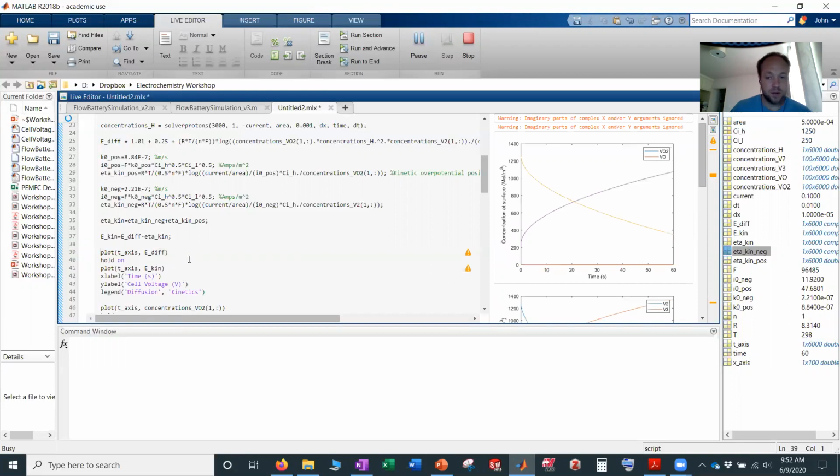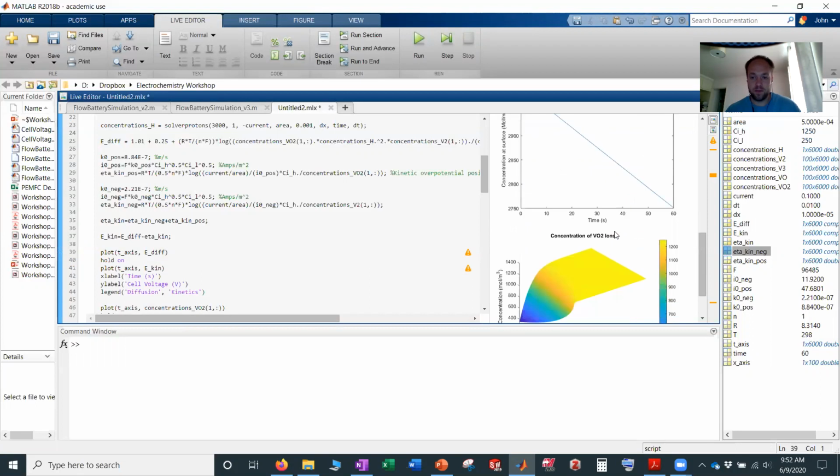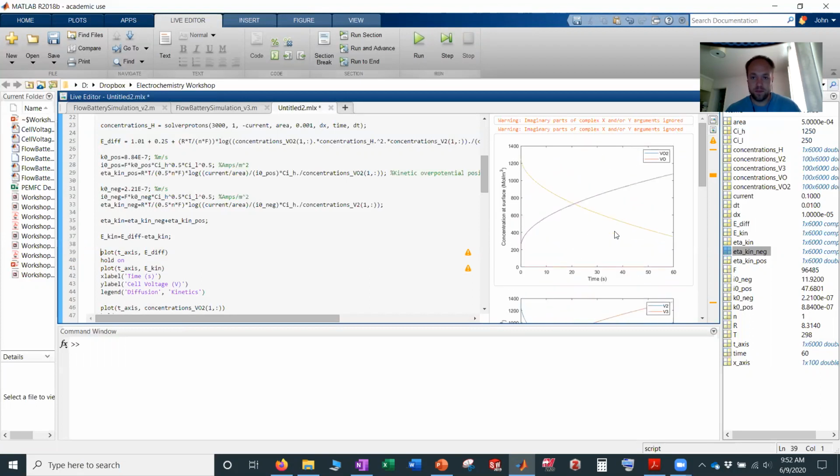Clear breakpoint. Try running one more time. I'm not super familiar with these live scripts. I'm just starting to learn them as I go, but I kind of like them. I think they're kind of cool that you don't have all these windows popping up, but obviously it's giving me some error message here.